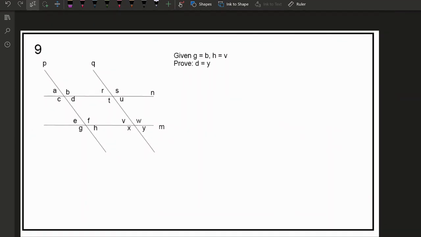Okay, 3 more. G is equal to B and H is equal to V. So G equals B, H equals V, that is given. Let's mark that. G is equal, oops, I wrote that incorrectly.